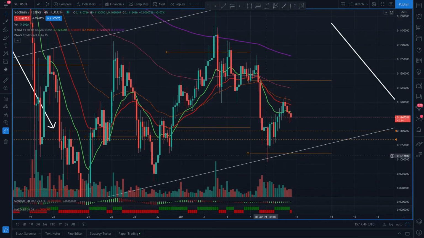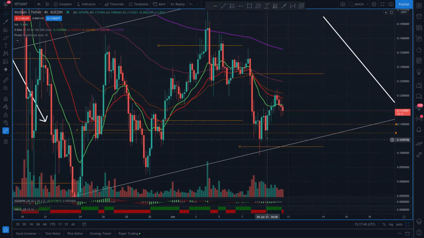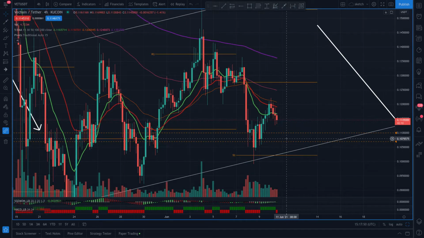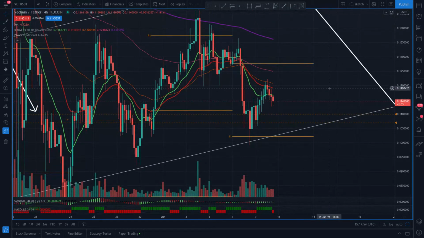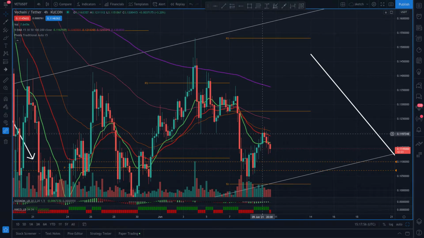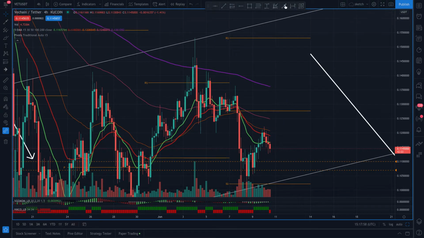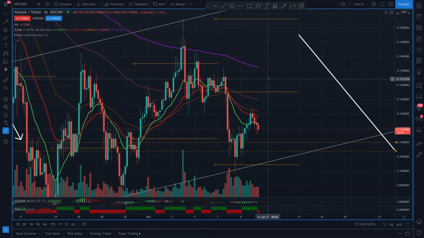Also, you can see this is where it rebounded off the trend line. Okay. So it seems like it's heading down, but I don't think that's a safe assumption, right?